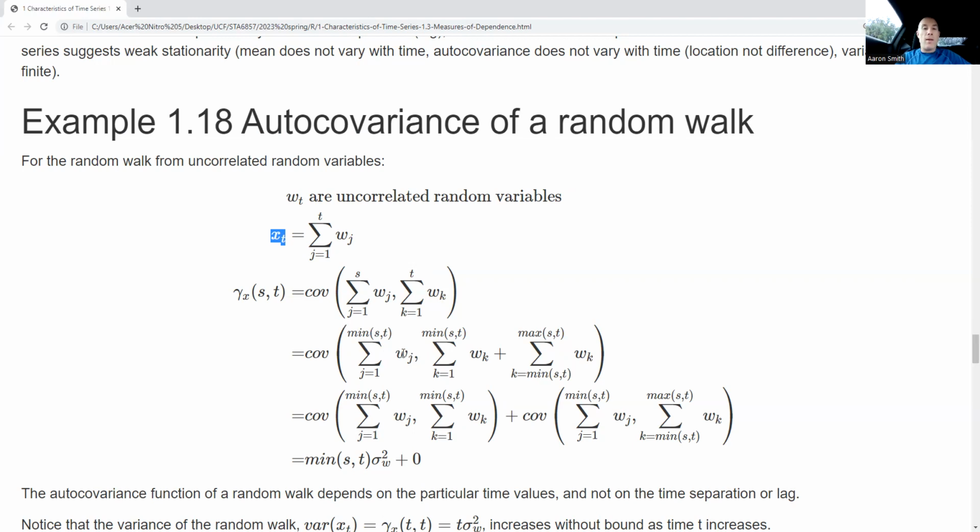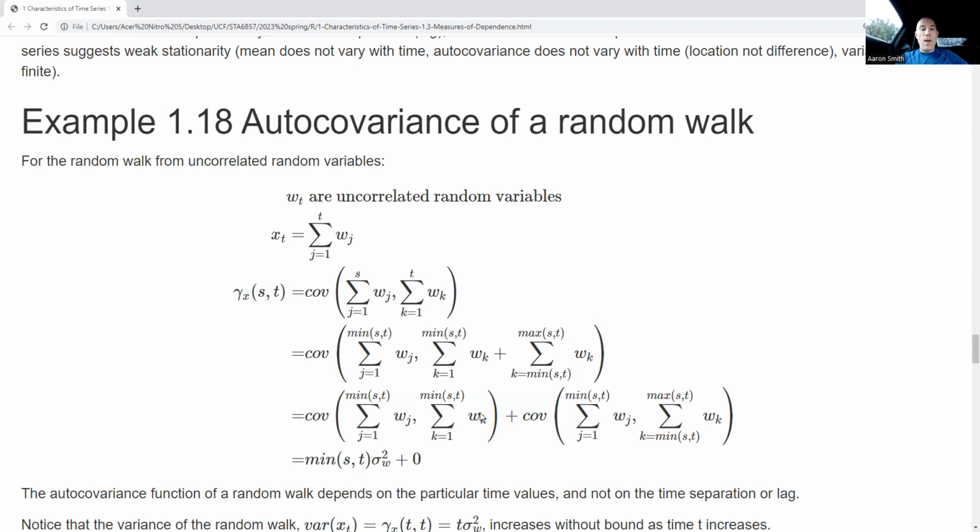Let's use the fact that the covariance of A with B is the same as the covariance of B with A, so I can switch the order in my covariance function without messing anything up. Let's say this one is the minimum and the one over here is the maximum. And I should have a +1 right there.